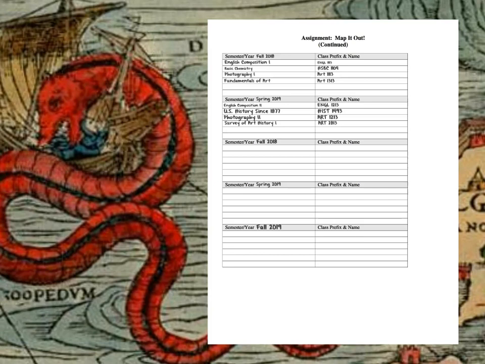For example, look in the spring of 2019. This semester, they're taking a Photography 2 class. But notice that they took a Photography 1 class in the fall of 2018. Fundamentals of Art was taken in the fall of 2018, which probably means it was a prerequisite to the Survey of Art History. So this person is taking an even mixture of both general education and required classes.